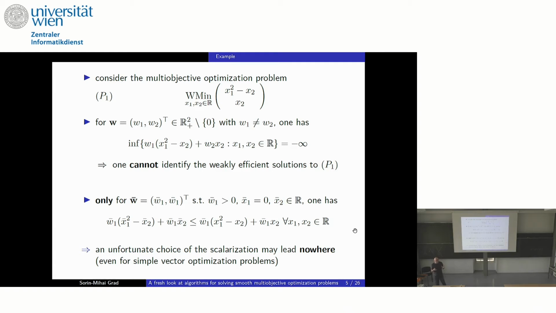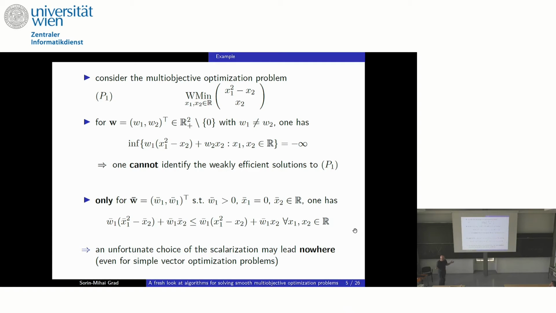So this simple example shows that scalarizing the problem doesn't always deliver something useful, because such a problem, having minus infinity as an optimal value, gives us no useful information.